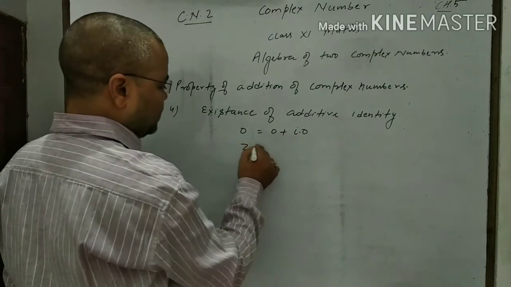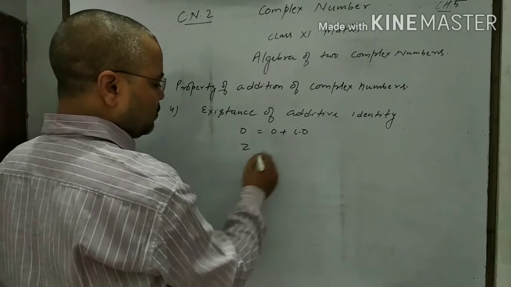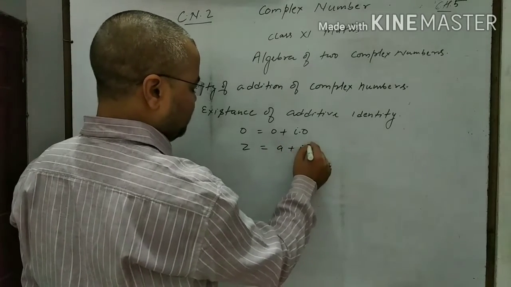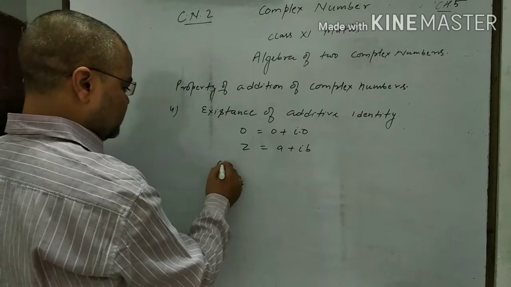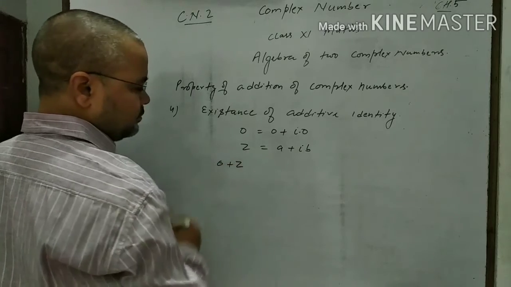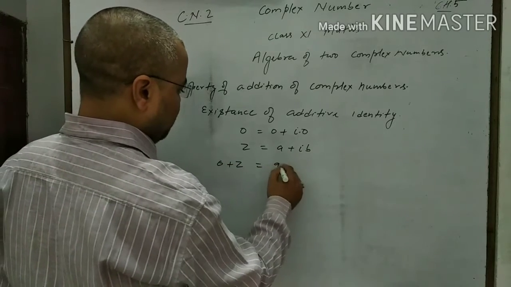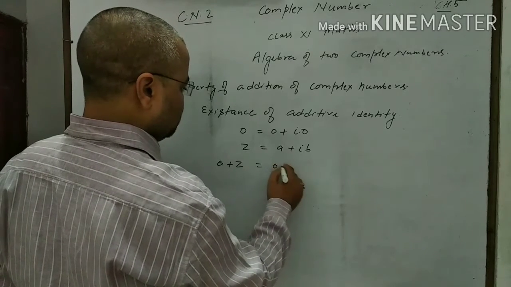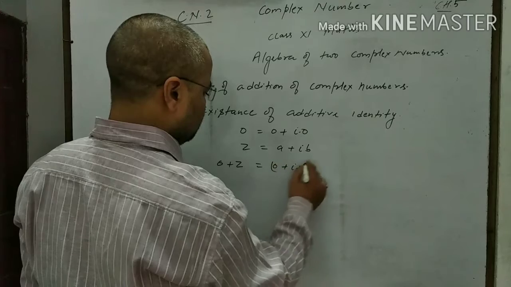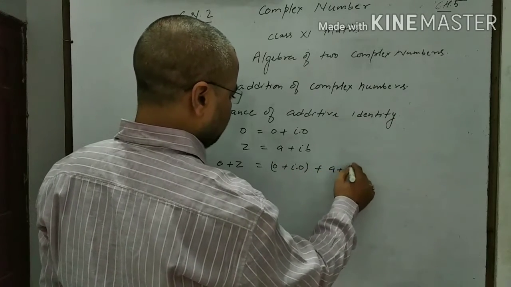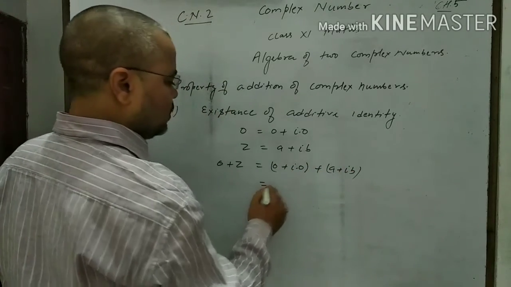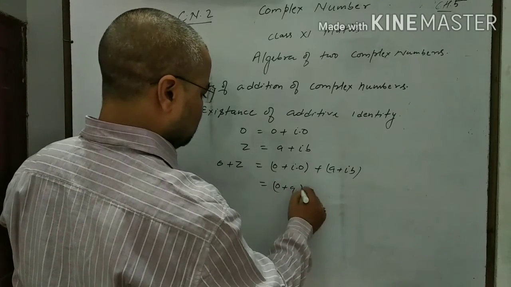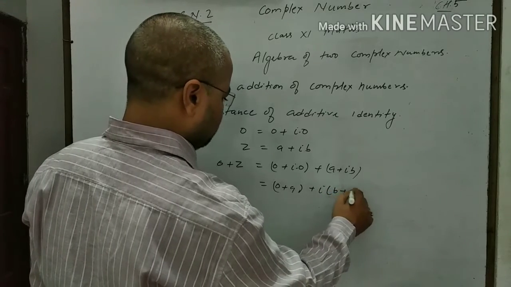And let us consider one complex number, a plus ib. If we add here 0 plus z, then 0 plus i into 0 plus a plus ib, which is equal to 0 plus a plus ib plus 0.